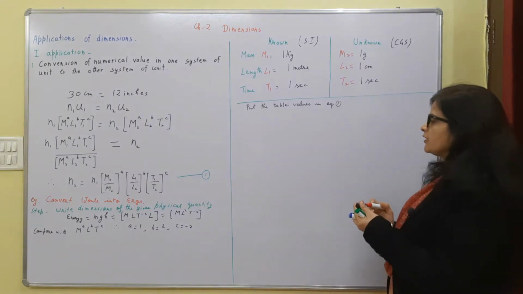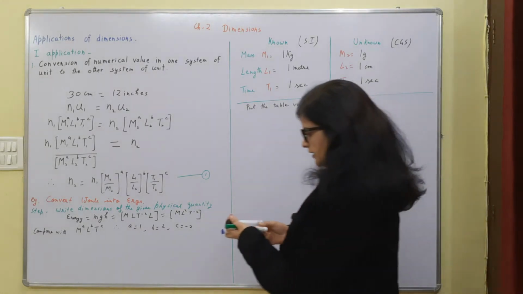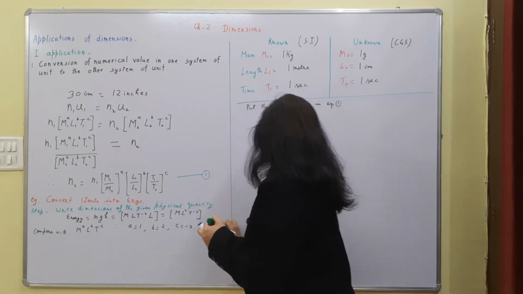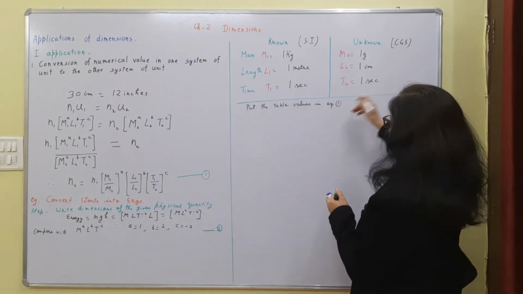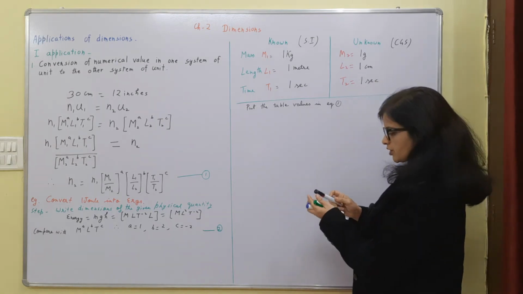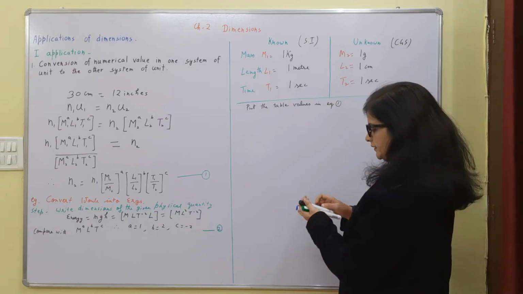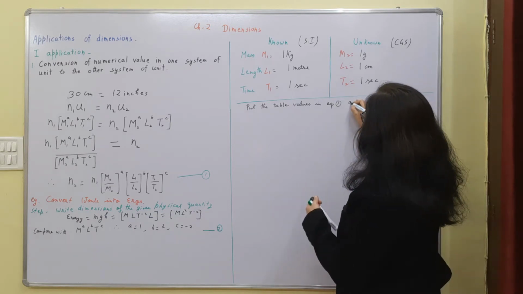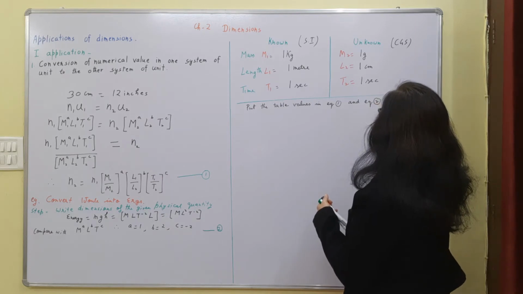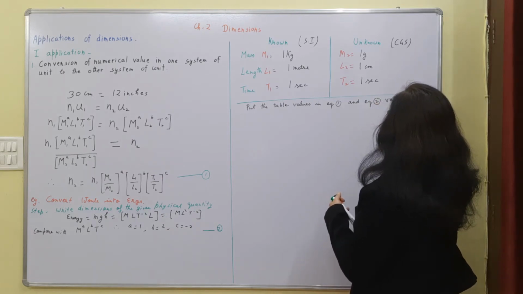So put the table values in equation 1, and this one I'll mark as 2. Put the values of equation 2 in equation 1.